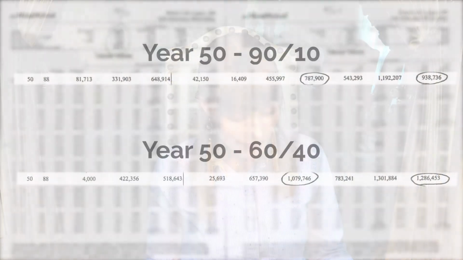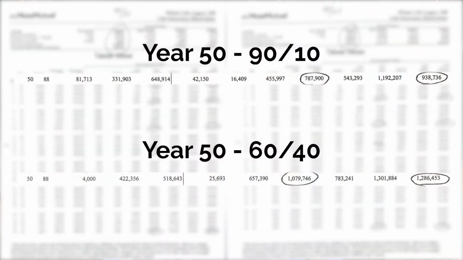Anyways, let's go to my last and final year. I typically go down to about year 50 to 60, right around there. That's how I compare and contrast. But please keep going and you'll see this. In year 50 of this policy illustration, when my gentleman is 88 years old, he's going to have $787,900 that he is able to loan out from his policy. This is on the 90-10 split, right?